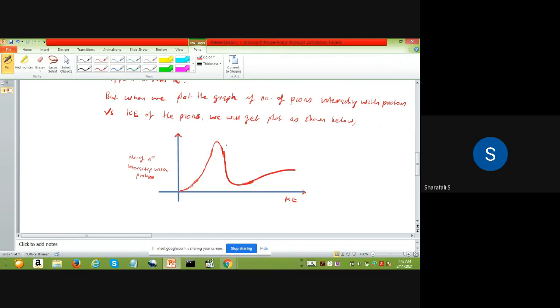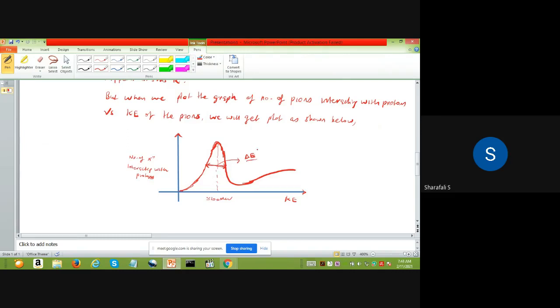So there is a hump or hill at this particular energy, and this energy is around 200 mega electron volt for this reaction. The width of this particular hill gives you delta E, this range of energy.